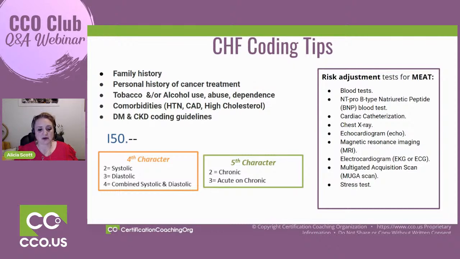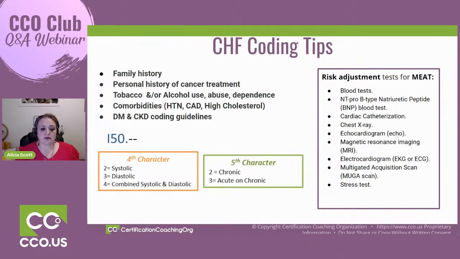Tobacco and alcohol use. When you are looking at a patient's record and you're abstracting that information, look for things like tobacco and alcohol use, abuse, and dependence. Any of those could become problematic and be a heads up that CHF is also involved.